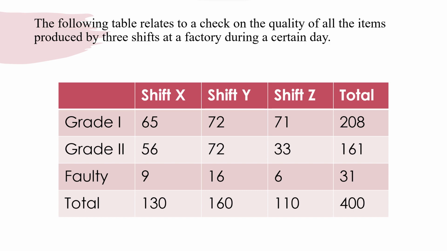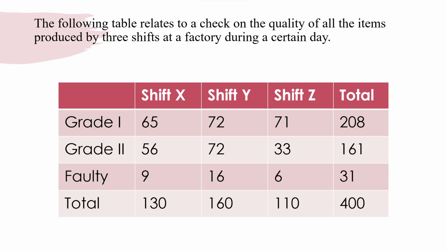For example, if you look at the second column, in shift X, you'll find that there are 65 grade 1 items produced on a particular day, 56 grade 2 items, and 9 faulty items, and if you add up these three, you will get a total production of 130 in shift X. Similarly, for shift Y, grade 1 items number is 72, grade 2 is again 72, while the faulty items number is 16, and the total items produced in shift Y are 160 units.